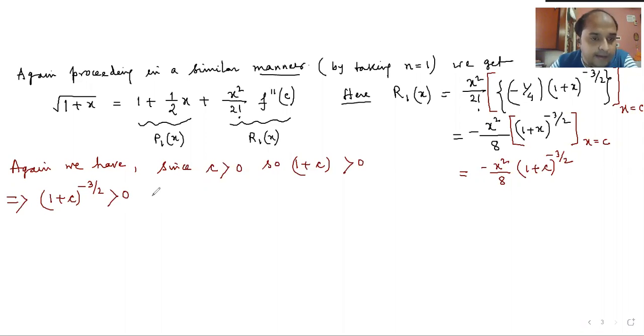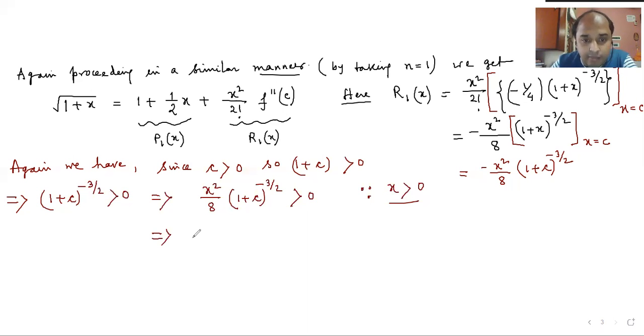This gives you x squared by 8 1 plus c to the power minus 3 by 2 is greater than 0, since x is greater than 0 as given in the question. And this implies minus x squared by 8 1 plus c to the power minus 3 by 2 is less than 0. This implies r1x is less than 0.